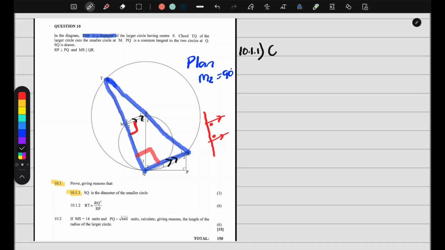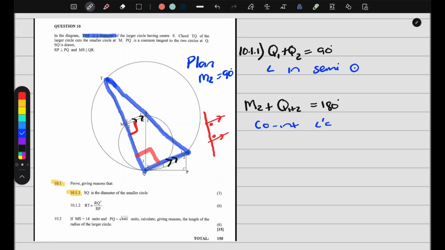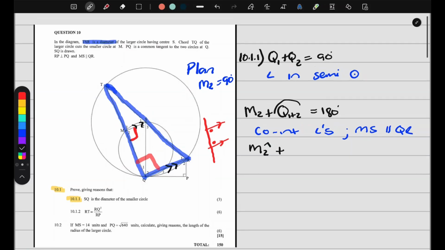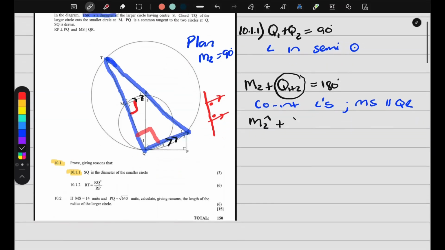So we started by saying Q1 and Q2, that whole angle is 90. And our reason is Q1 plus Q2 must be equal to 180. Why? Because of co-interior angles. And the lines that are parallel, MS is parallel to QR. That means M2 plus, remember Q1 and 2, this whole thing is 90. So M2 plus 90 is 180.